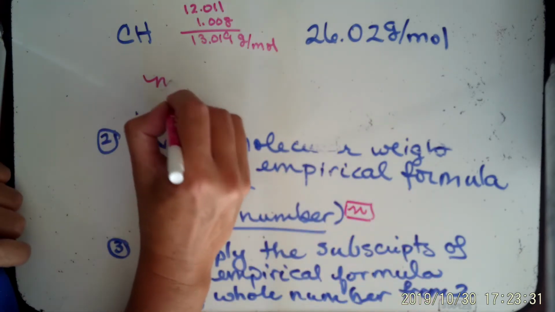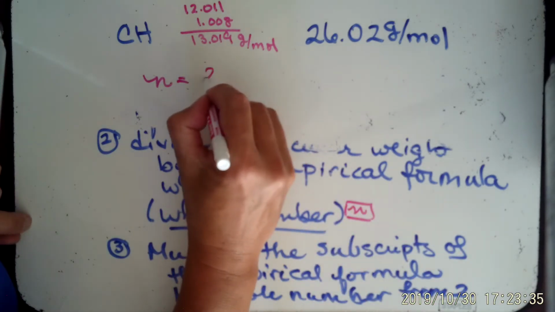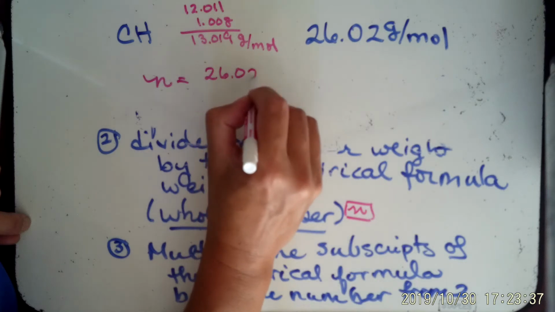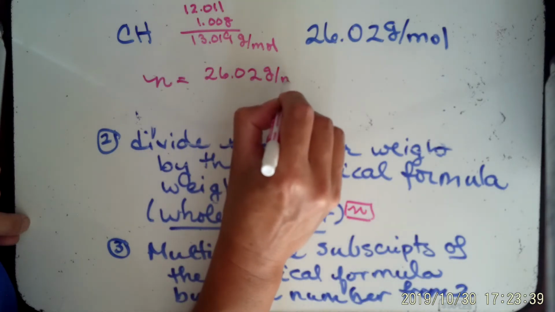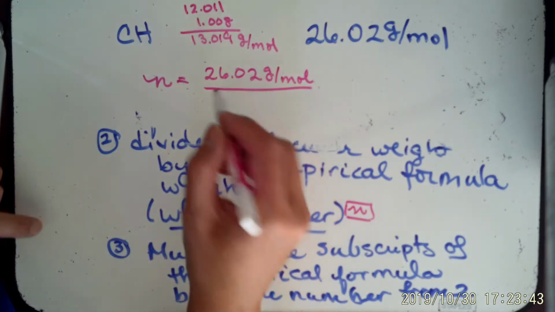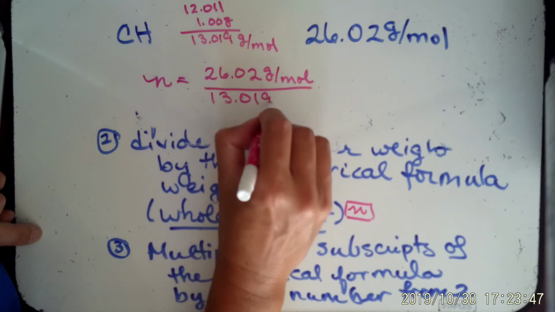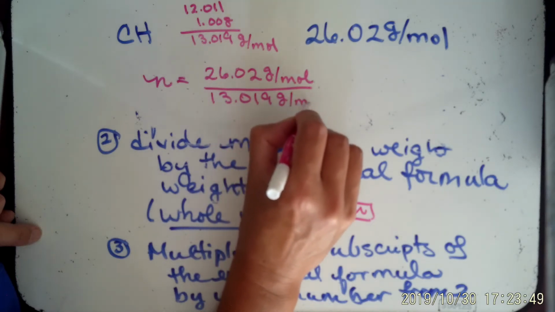So n is going to be equal to the molecular weight, 26.02 grams per mole, divided by the empirical formula weight, 13.019 grams per mole.